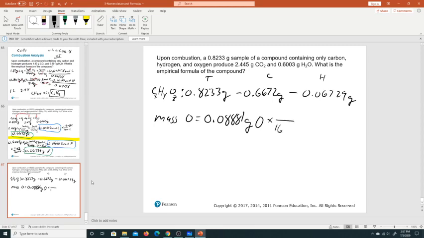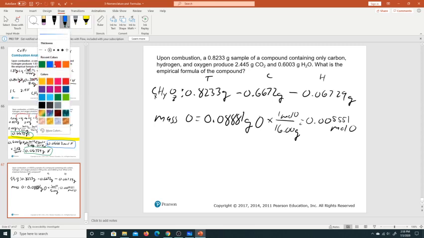It's 16.00 grams per 1 mole of O. So divide by 16, and it gives us 0.005551 moles of O. We'll mark that in blue, because we organize our moles in blue.